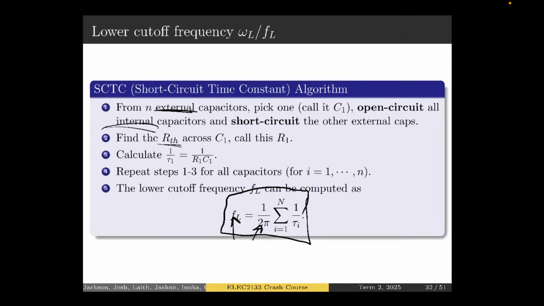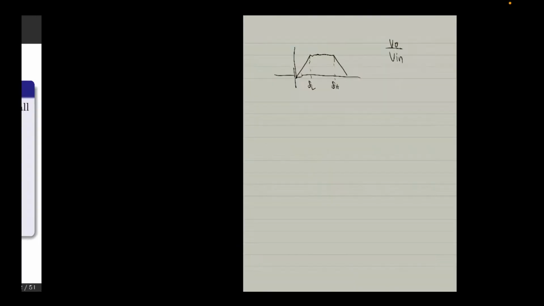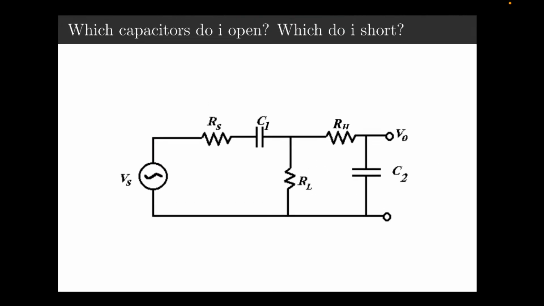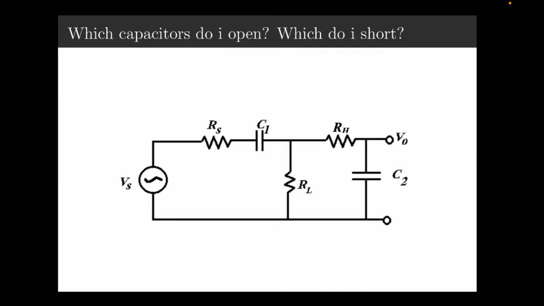Now, I said here that the short circuit time constants are measured from the capacitors that are on the outside of your models. Why is that the case? Well, I've made a simple circuit here. Quick question.